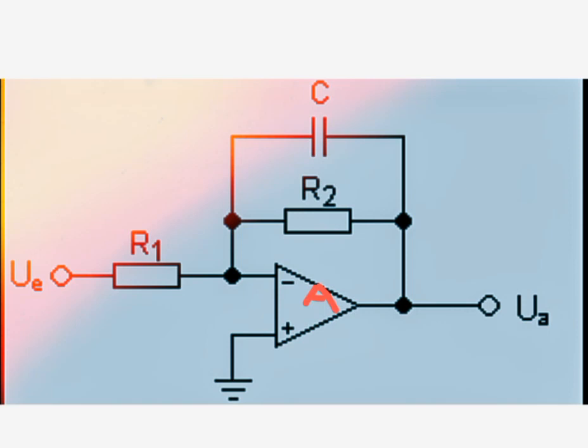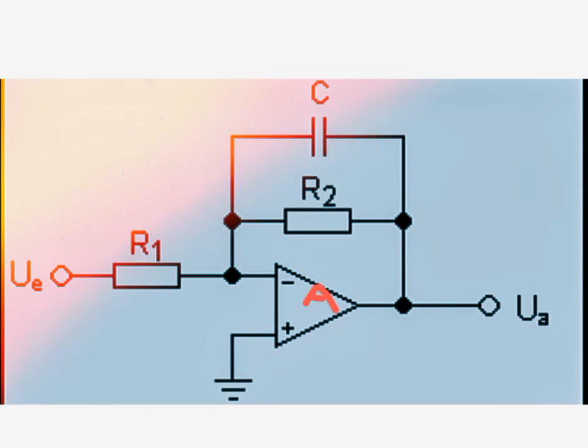So how do we quantitatively analyze this circuit? Since the gain of the amplifier is assumed to be very high, we can apply the virtual short concept, which we have explained earlier in our modules. Since the gain A is practically very high, ideally infinite, there is no voltage difference between the two pins of the operational amplifier.